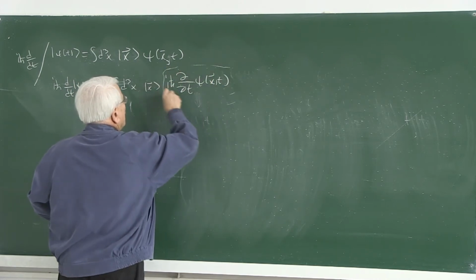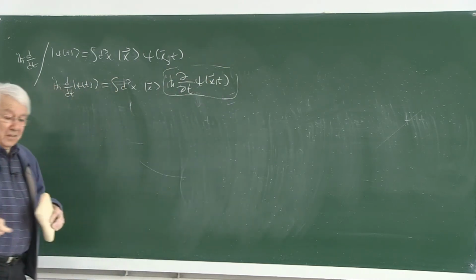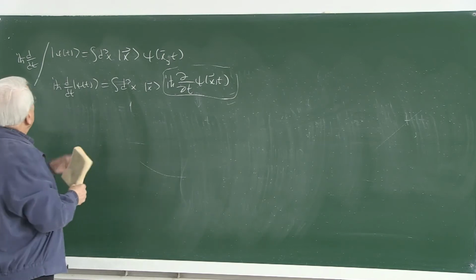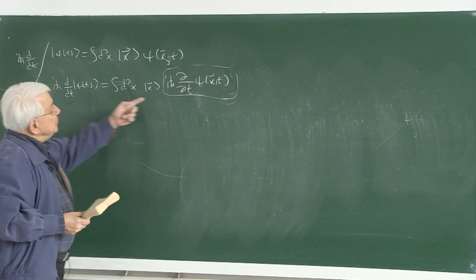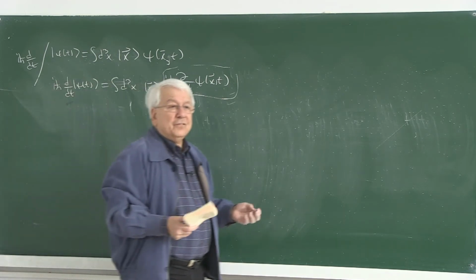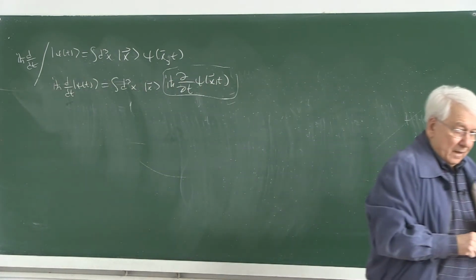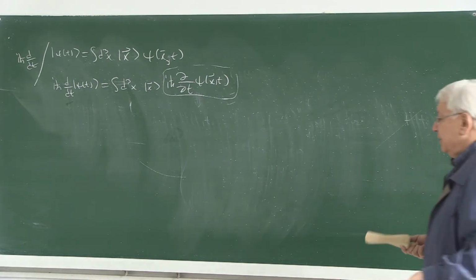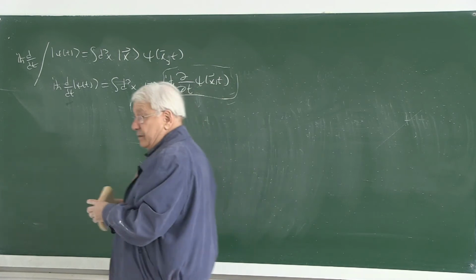I insist on the difference, a subtlety in the notation, although I know that it doesn't catch the attention of students as much. On the left-hand side it is a straight derivative; here it is the partial. Why? Because this thing is a function of x1, x2, x3, and t, so t is one of the four variables. On the left-hand side, that abstract vector depends on the single variable t. Therefore, it is a straight derivative on the left and a partial derivative on the right.